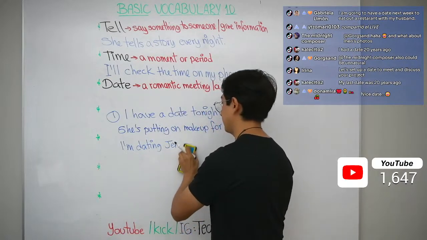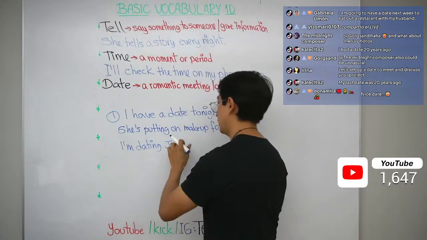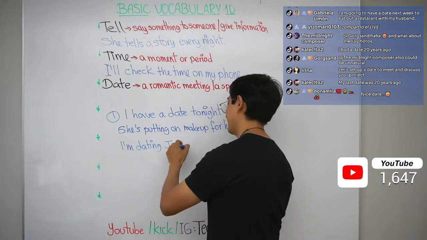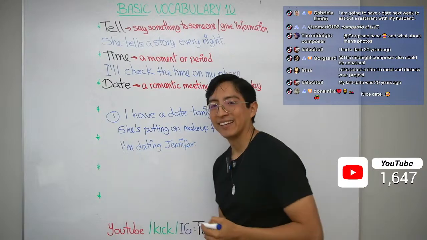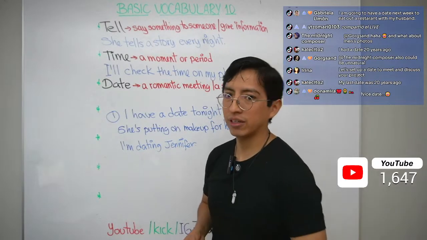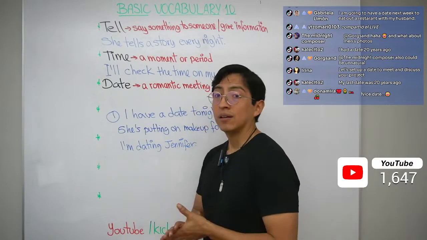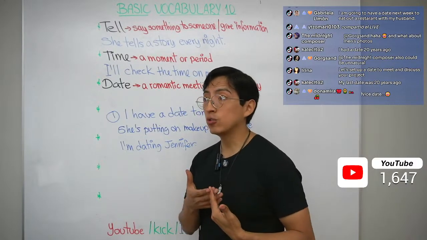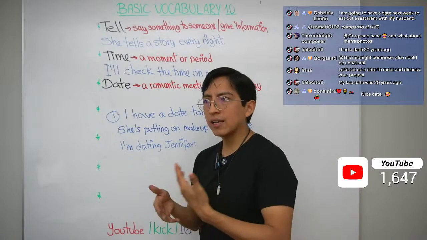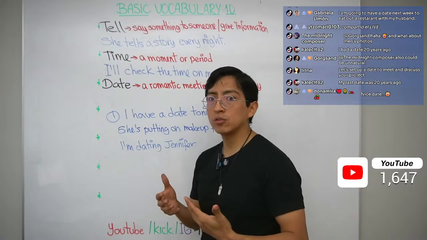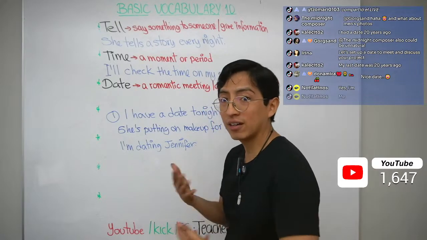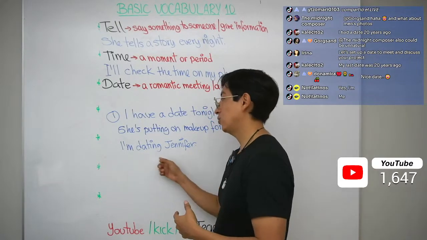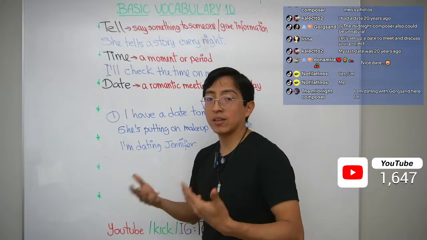Is there any Jennifer here? Okay, it's a random name. Okay, I'm dating Jennifer. It means that we agreed to start getting to know each other, or we agreed to have regular dates, to start a relationship.